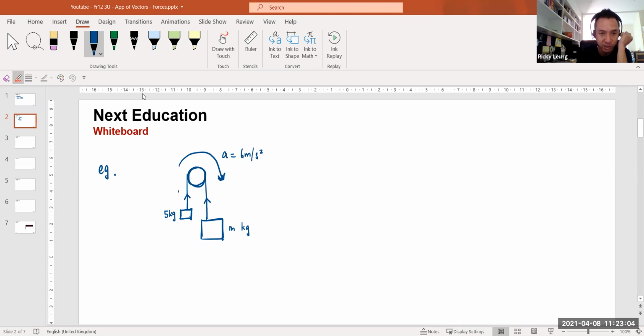So let's say that tension there is T and T. Let's say this question is: find the value of T and the mass M. Quite straightforward, and where possible, let's do it to 1 dp.